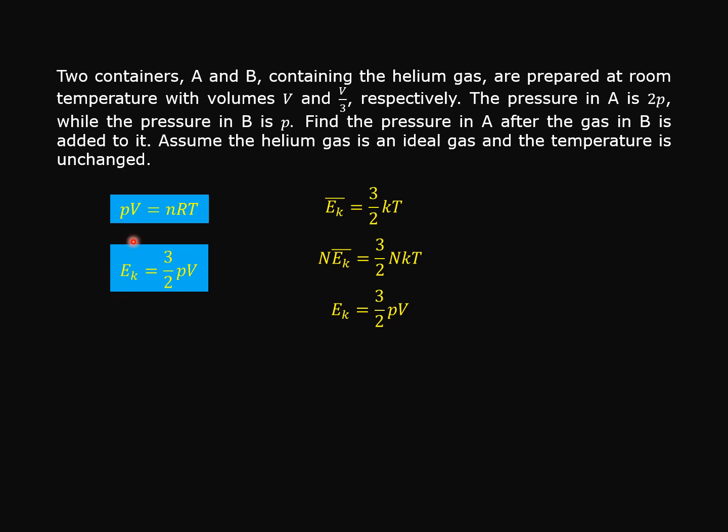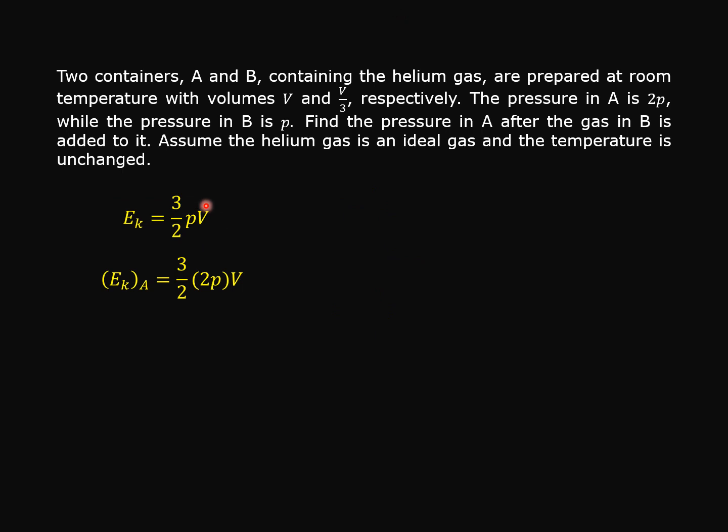And now we are going to use this formula to solve these problems. Based on this formula, now we can write down that the total translational kinetic energy for the helium gas in the container A is equal to 3/2 times 2P times V, because the pressure in the container A is given as 2P.